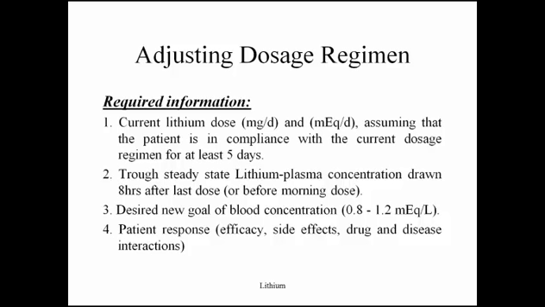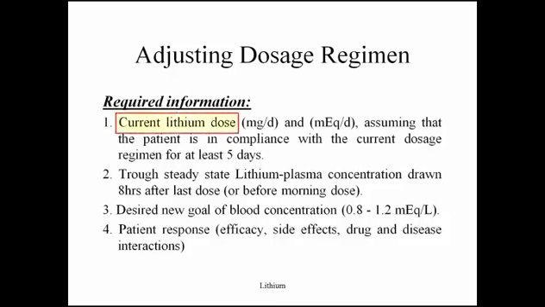Now if we get a level and we don't like the level, let's say the level is toxic, very high, or the level is low and we need to increase it to get a better response, then we adjust the dose based on the measured level. In this case you need several parameters.